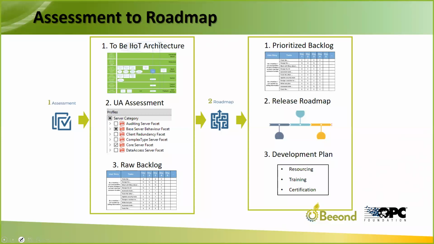In the assessment, we go through a high-level architecture review, understanding the customer's goals and objectives for OPC UA, and why they're doing it. So we establish a better understanding before we get into the specifics of OPC UA. Then we have a large spreadsheet we use as a tool.